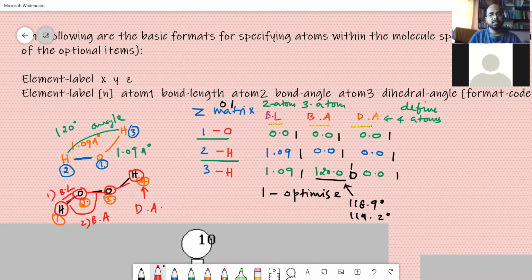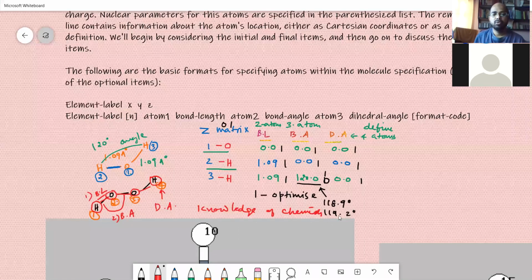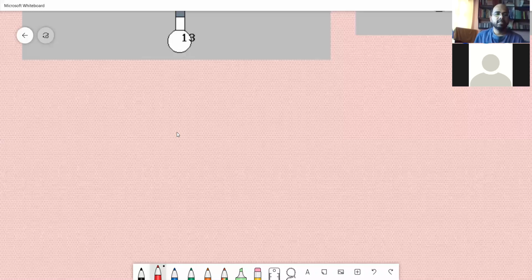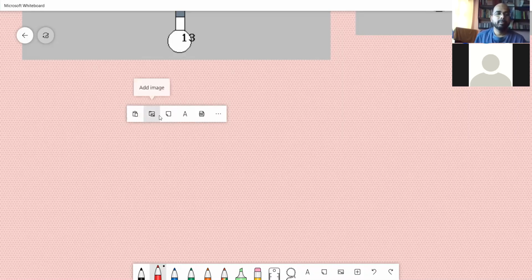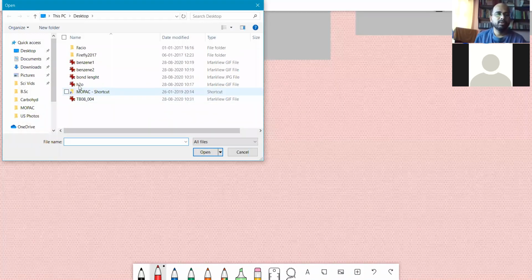So all this requires a knowledge of chemistry. What knowledge of chemistry is required? I'll just insert one table there, and I will tell you what knowledge you actually require. That is the knowledge about the angles and the bond lengths that you should have.